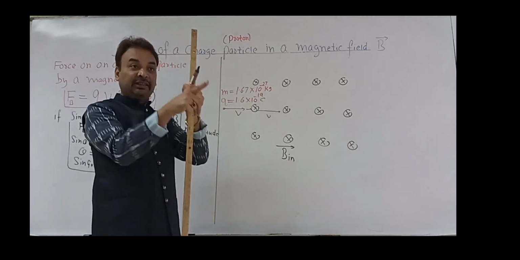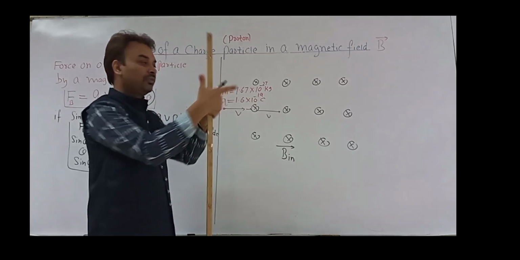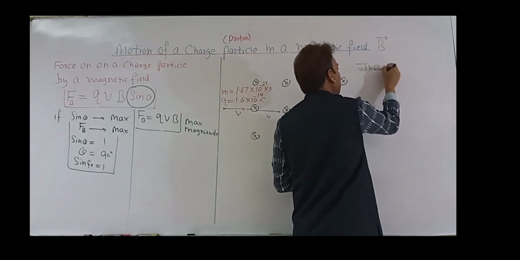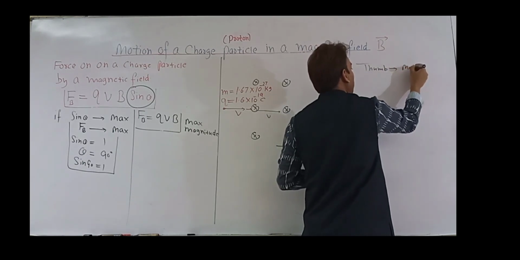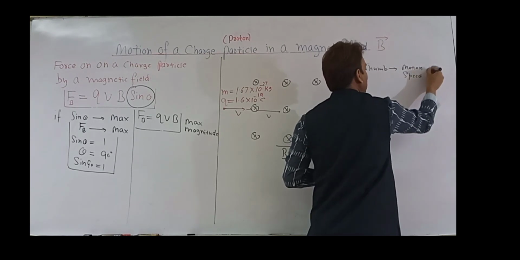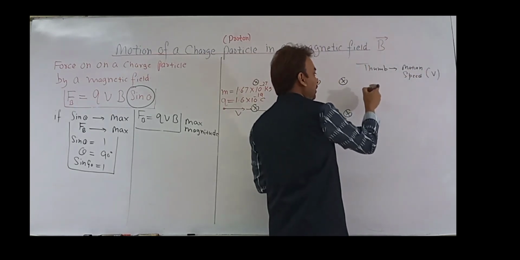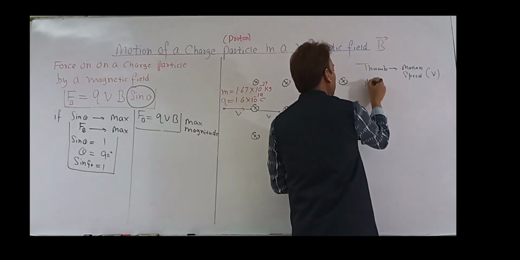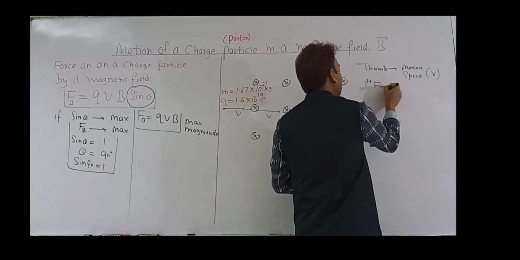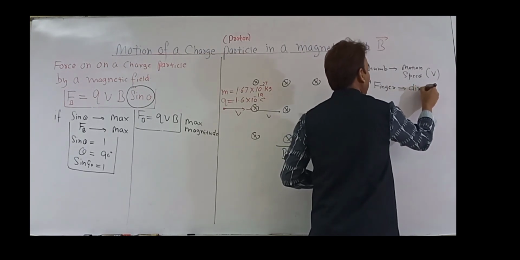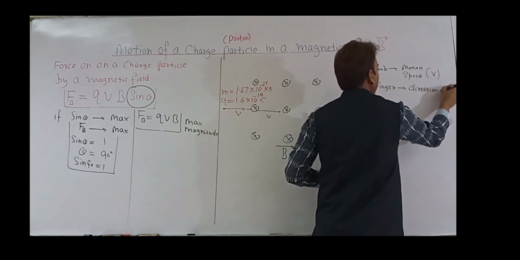So the thumb gives the direction of motion, that means speed v. And the first finger gives the direction of magnetic field.